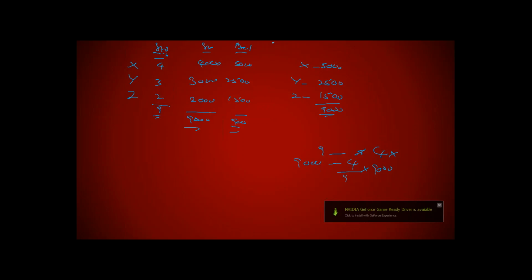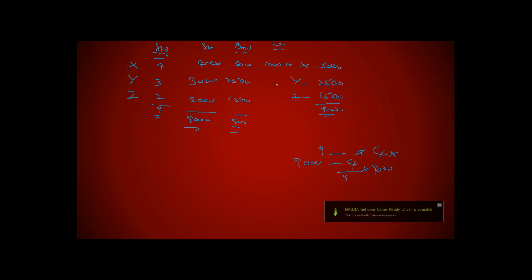So now I want to see the variance. First, variance X, good or bad? For X, it's adverse, 1,000. And Y? Favorable.